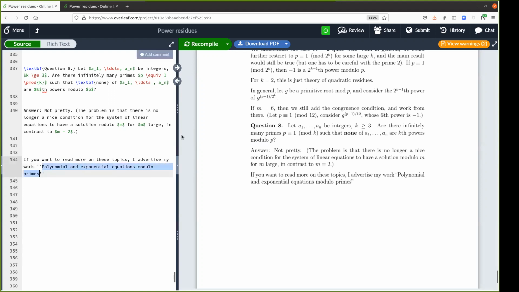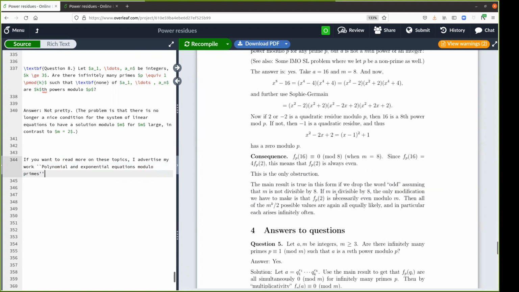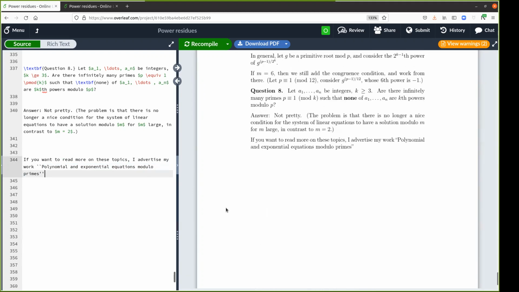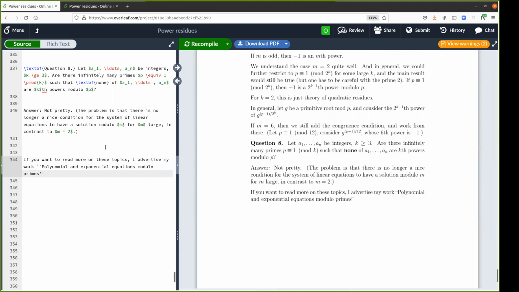And then I develop the foundations of algebraic number theory and use those methods to answer exactly these type of questions and some questions on exponential equations modulo primes as well. But it's a bit long, so if you're not very interested, then that might not be the shortest way to really answer these questions.